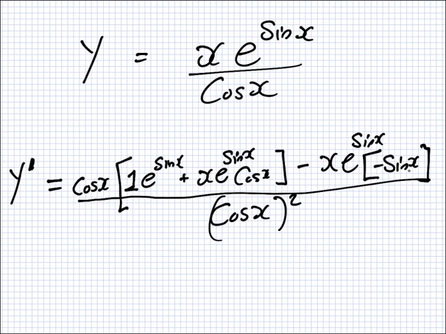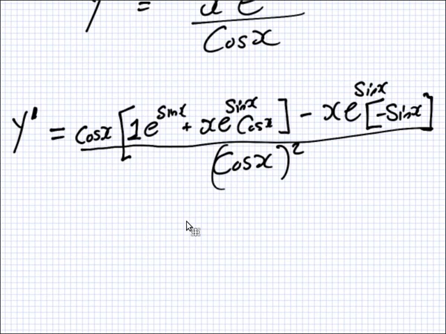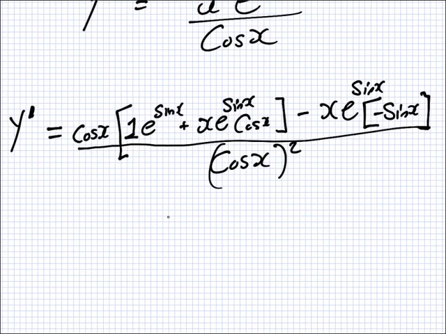Can we, instead of putting the sine x and cos x, then close bracket, can we put x e to the sine x cos x, then close the bracket? Or we must include it? Yeah, you can put the e to the sine x on the outside if you like.